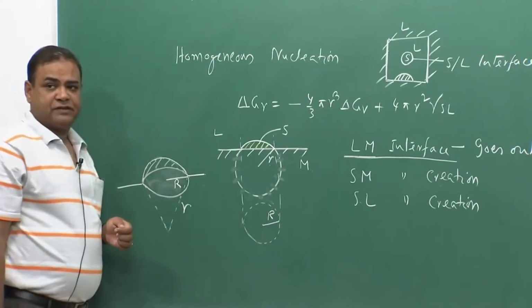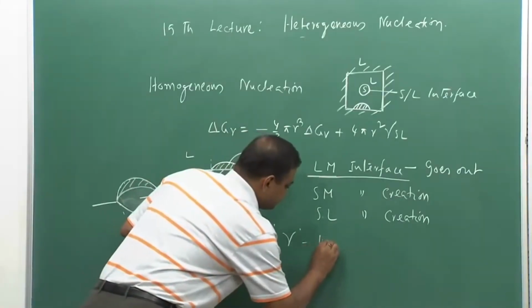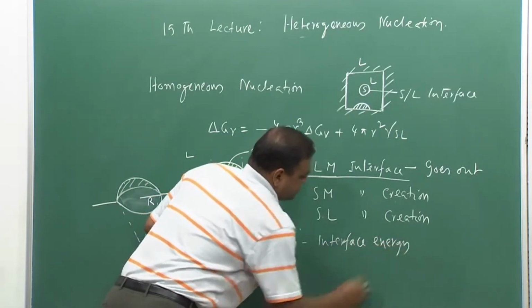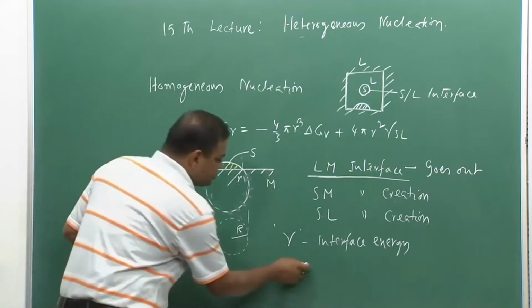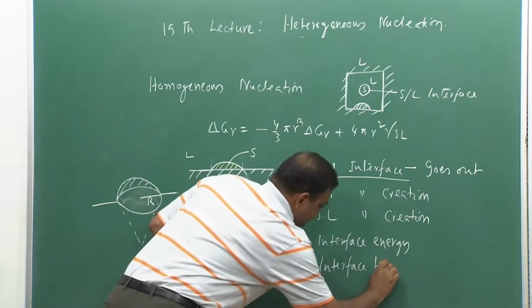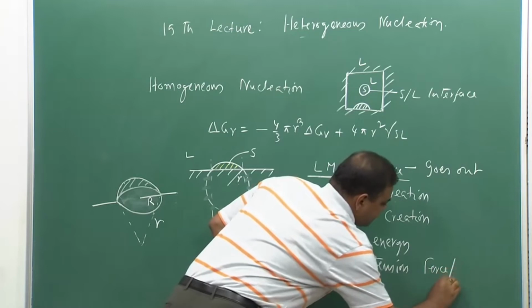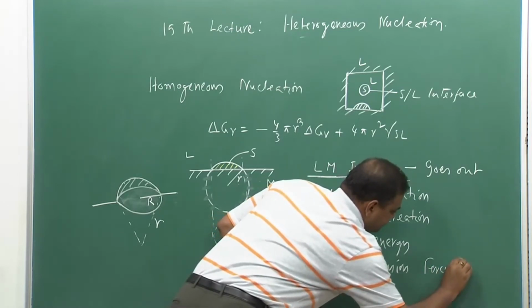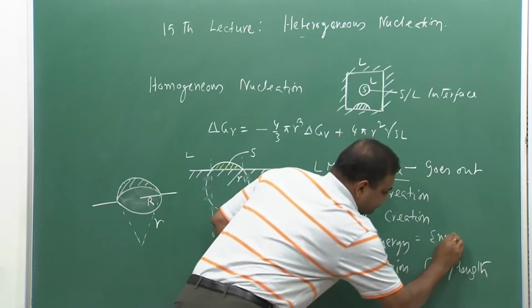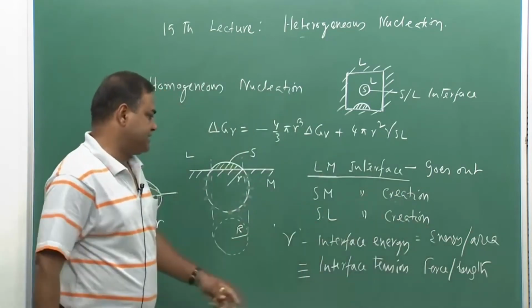So, if we consider interface energy, we can also relate it to interface tension, which is nothing but force per unit length, and here it is energy per unit area.